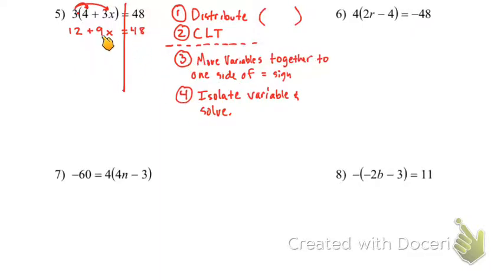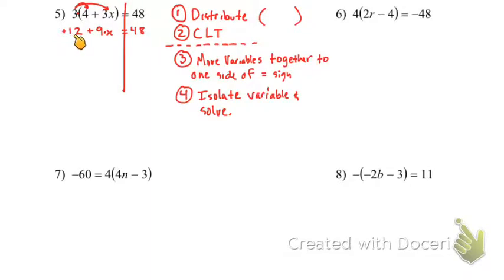Step 4, I want to isolate the variable, in this case the x, which means I have to get rid of the multiplication of 9, and I have to get rid of 12. And we know 12, if you look at the sign in front, is adding. So we want to get rid of addition first, as long as it's not being divided, which it's not.